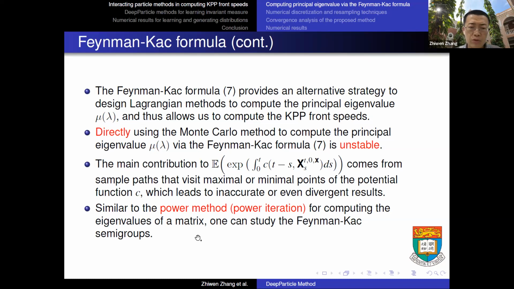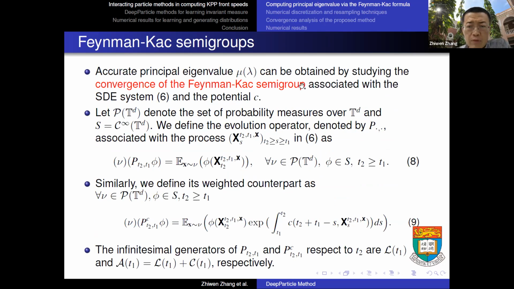Similar to this idea, we can study the Feynman-Kac semigroup. You can find that computing the principal eigenvalue is equivalent, or related, to studying the convergence of the Feynman-Kac semigroup associated with the SDE system and potential. Let me introduce some notation. P(T^d) is the set of probability measures over T^d, and S is a smooth test function, and we can define the evolution operator P here.